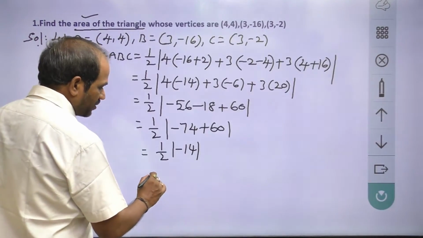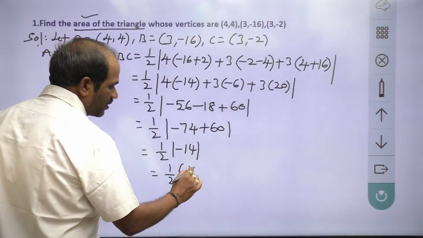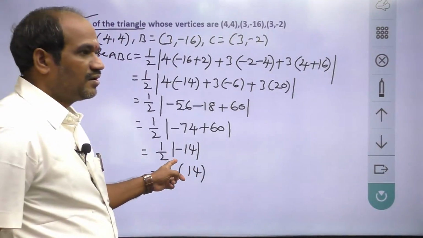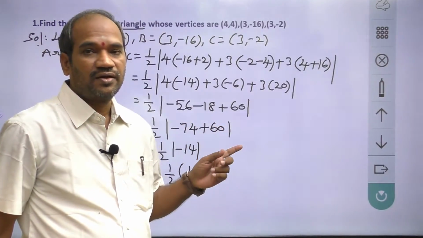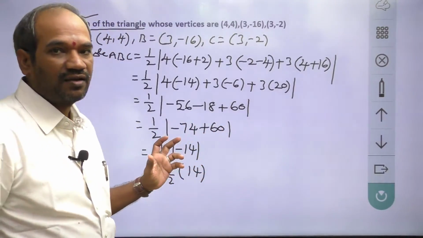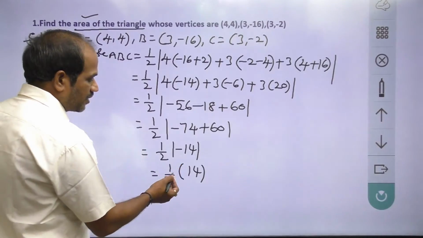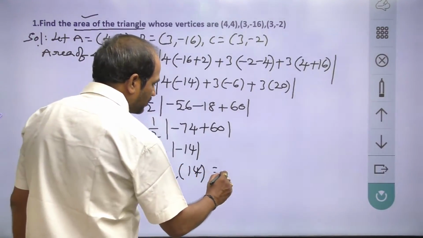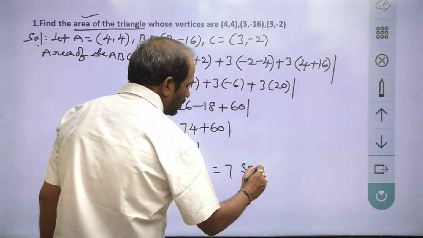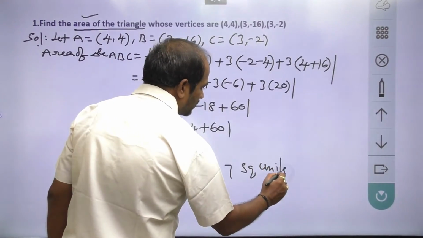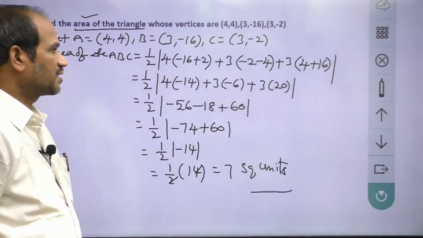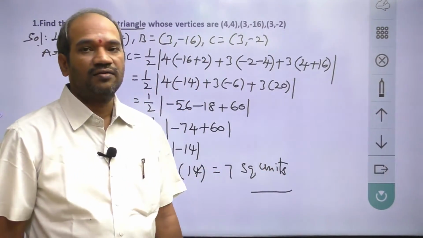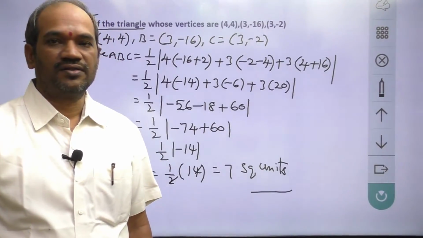The mod of minus 14 is 14, because length and area are always positive. So the area of the triangle is 7 square units.